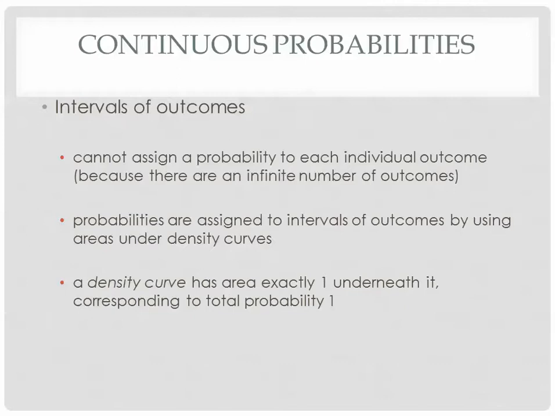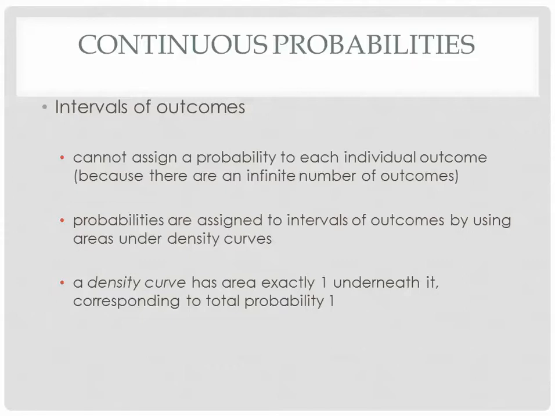So a density curve is some kind of curve, picture, graph, that has an area of exactly 1 underneath it. And that corresponds to a total probability of 1. Remember, a probability model has to have all the probabilities summed to 1.